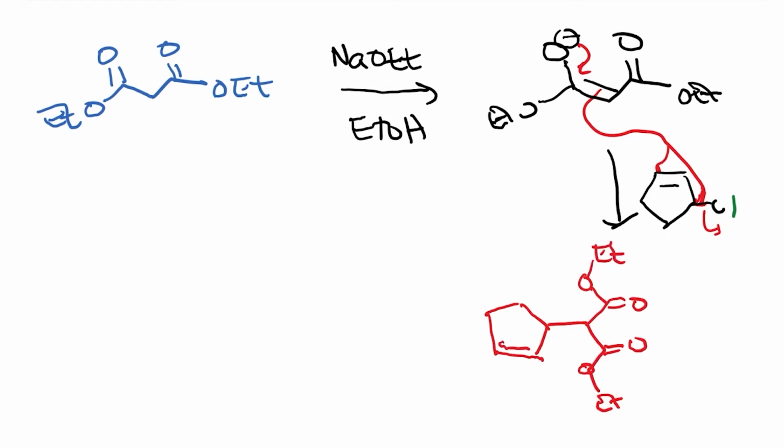Okay, and you may recall that in the previous discussion, I had mentioned that we could convert this bis carbonyl compound, or this 1,3-dicarbonyl compound, to a monocarbonyl compound. And I'm going to just outline how that can be done.